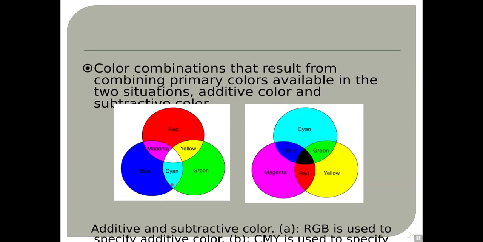So this is a combination of colors. So additive and subtractive. We add, we get this, we add, we get this. So the RGB on the left specifies additive color, and cyan, magenta, yellow is used to specify subtractive color.